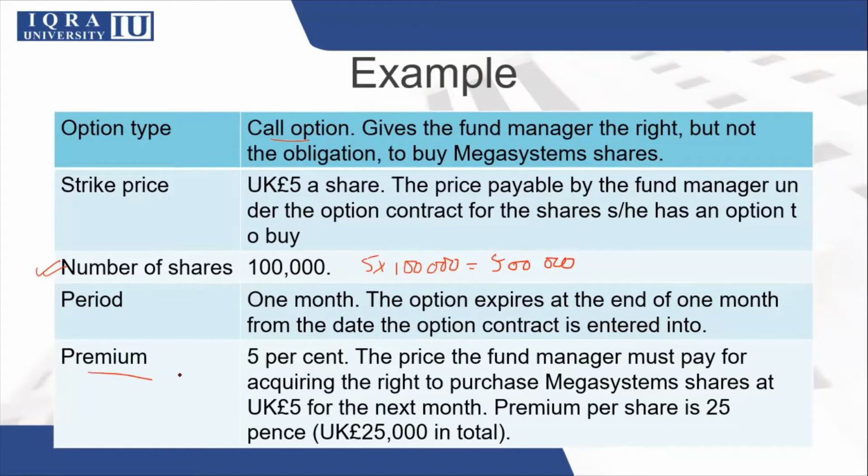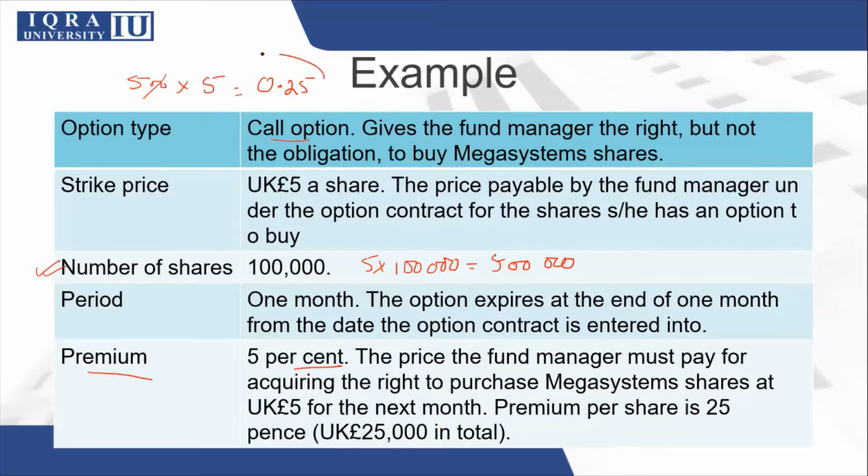What is the premium? The premium is 5%. So in order to purchase this call option, the fund manager will have to pay 5% of the strike price, which means 25 pence. So the price a fund manager must pay for acquiring the right to purchase Mega System shares at pound 5 for the next month, the premium per share, is 25 pence.